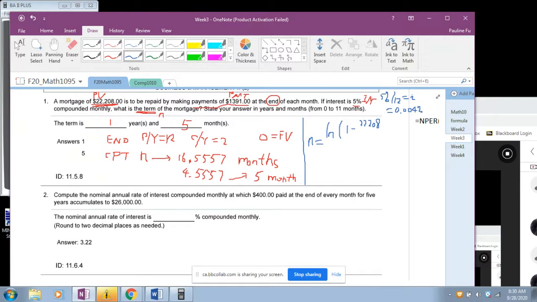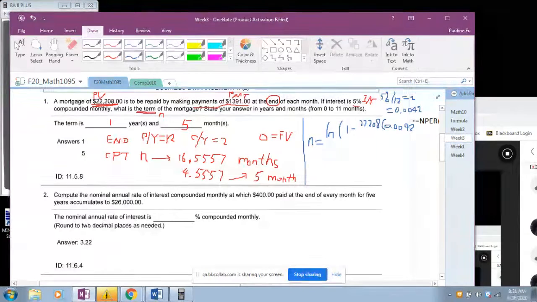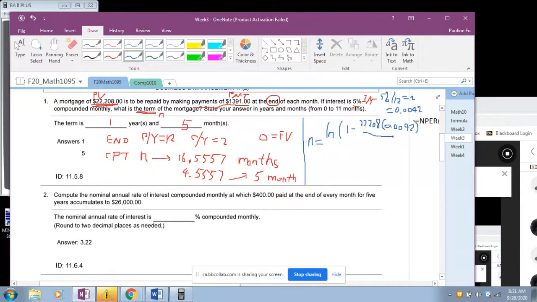So this is PV times I, means times 0.0042, divided by PMT, $1,391.